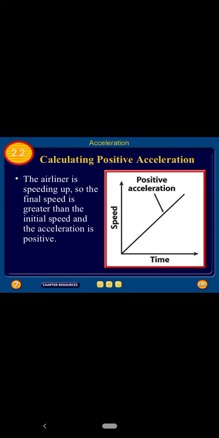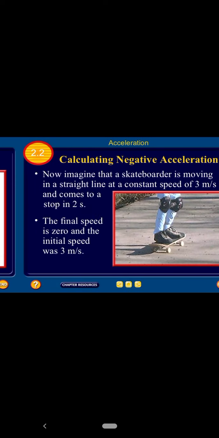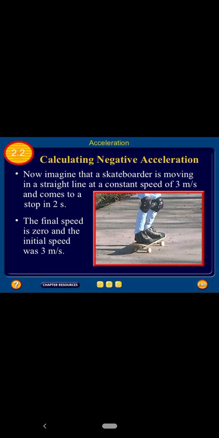The airliner is speeding up, so the final speed is greater than the initial speed and the acceleration is positive. If the final speed was less than the initial speed, in that case the acceleration will be negative. Now imagine a skateboarder is moving in a straight line at a constant speed of 3 meters per second and comes to a stop in 2 seconds.